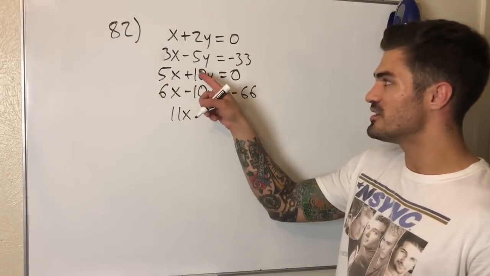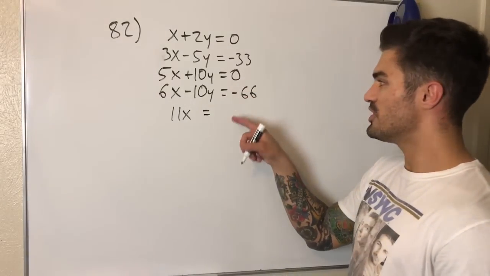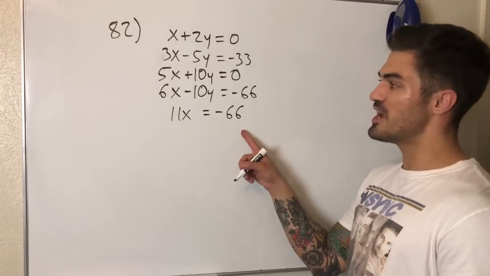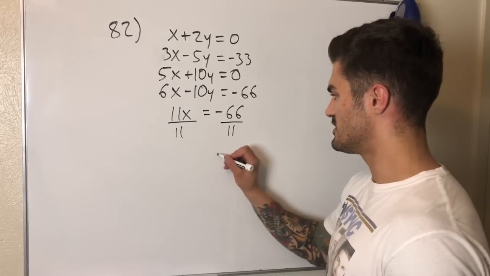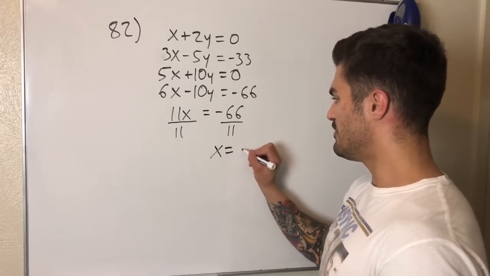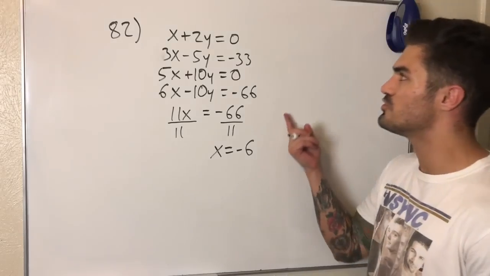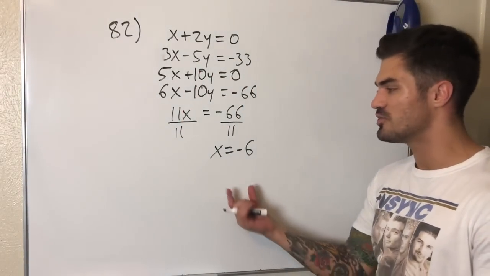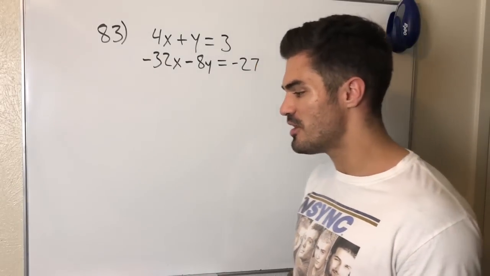My y's are gone. 10y minus 10y, that's gone, equals 0 plus negative 66. So if I divide both sides by 11, I get x equals negative 6. And if it asks to solve the system of equations, typically you'd go back in and substitute it back in, and you'd solve for the y, but in this case it actually just asks for the x, so we are done.